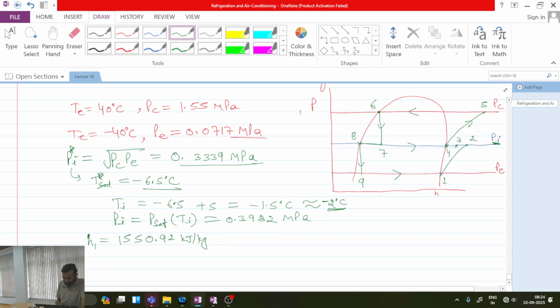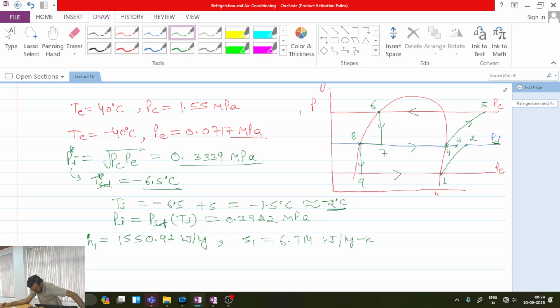Similarly, I can also calculate the entropy S1. What will be S1? 6.714 kilojoule per kg Kelvin. The unit of entropy is kilojoule per kg Kelvin. Again, my entropy is also different, but we need not worry about this.